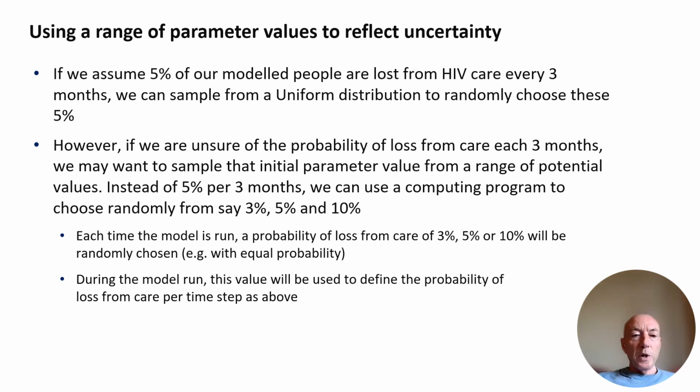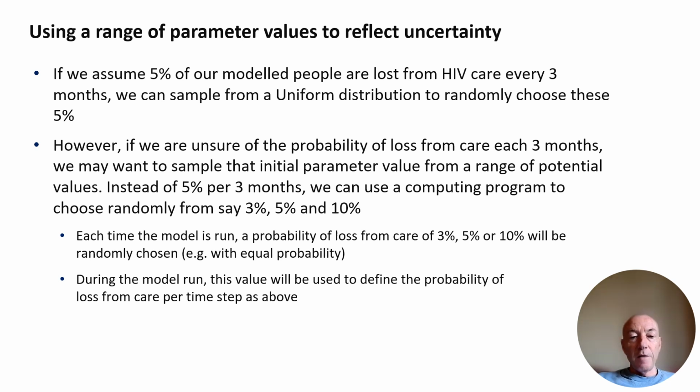So for example, if we assume 5% of our modelled people are lost from HIV care every 3 months, we can sample from a uniform distribution to randomly choose these 5%, as we described earlier. However, if we're unsure of this parameter, the probability of loss from care each 3 months, we may want to sample that initial parameter value from a range of potential values.